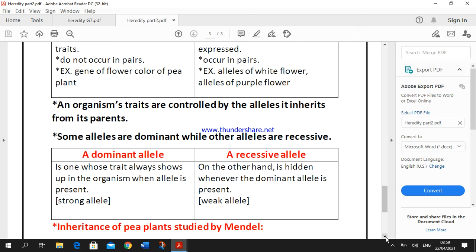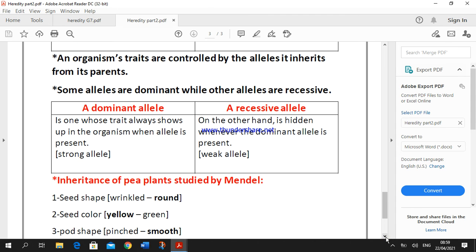A dominant allele is the one whose trait always shows up in the organism when the allele is present, okay? And this is known as a strong allele, okay? A recessive allele, on the other hand, is hidden whenever the dominant allele is present, okay? And this is known as a weak allele, okay?